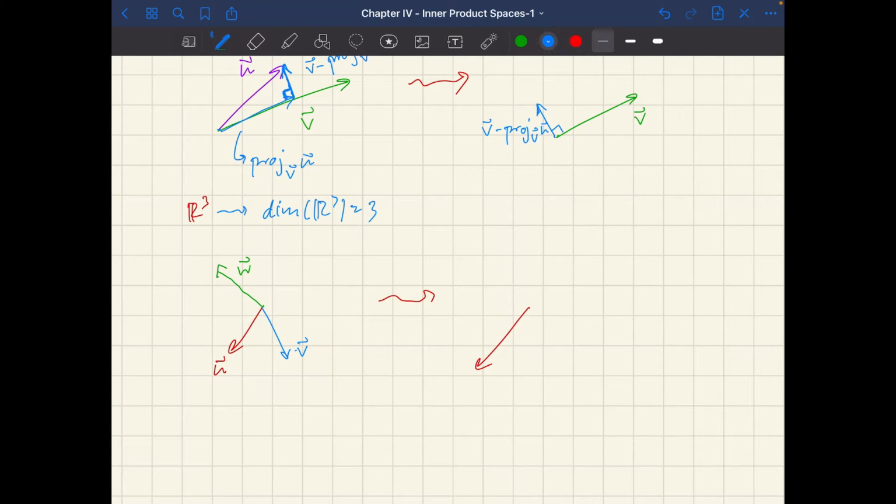And then for the vector v, we know that if we have two vectors, you can find the component of one vector that is orthogonal to the other vector. So if we have a vector u here, we find the component of vector v that is orthogonal to vector u.